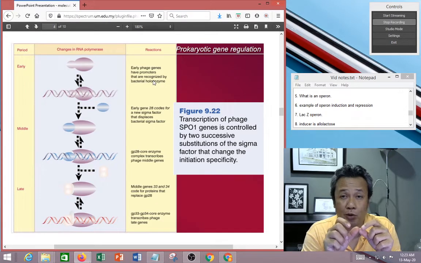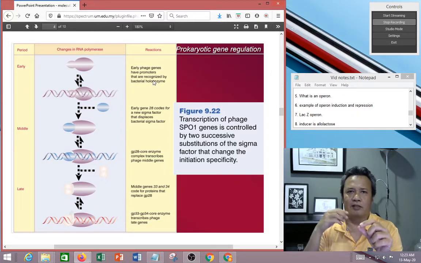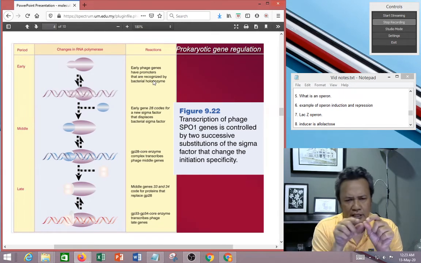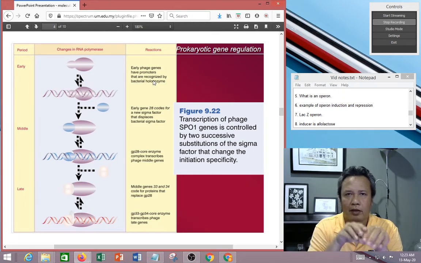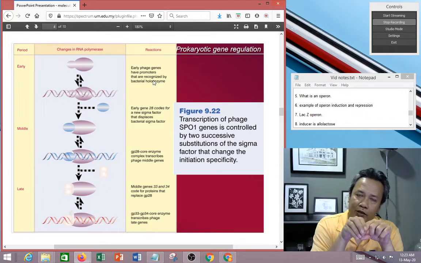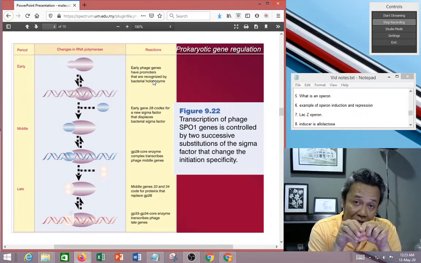These genes have promoters that mimic the bacteria's promoters. So the sigma factor doesn't know that this is viral DNA. It recognizes a promoter and says, okay, polymerase, come here, and then we'll just start transcribing. But little did they know what they are transcribing is actually viral genes.